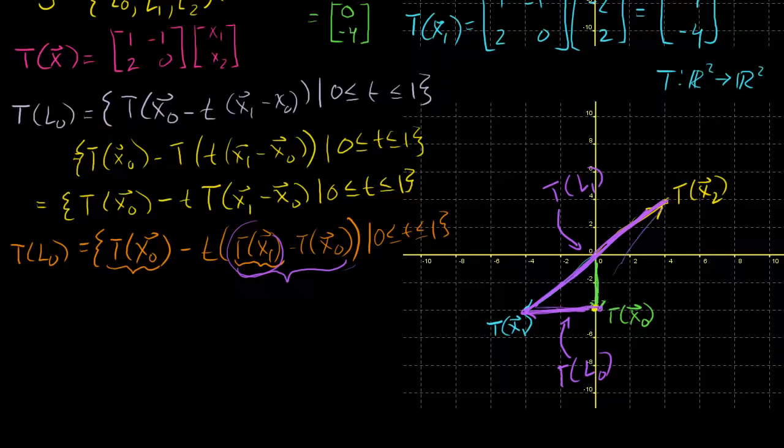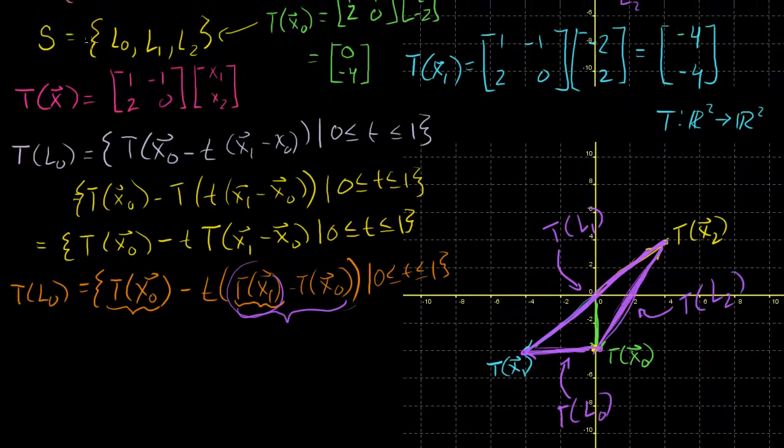It's going to be that line right there. Or if we defined our whole shape, our whole triangle, as the set of all of these, the transformation of our whole shape is now this skewed triangle.